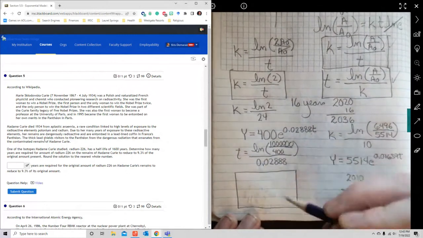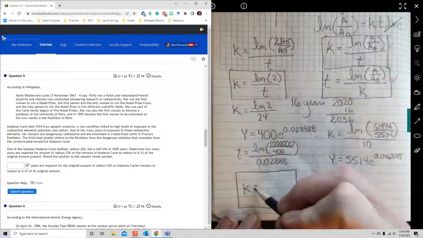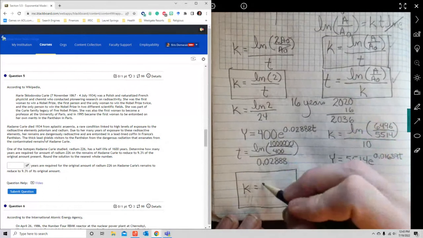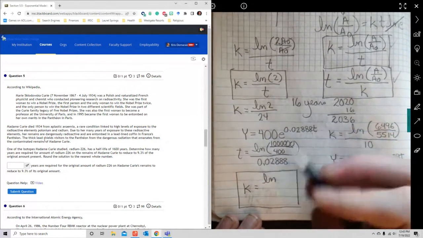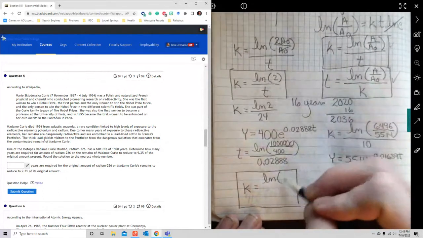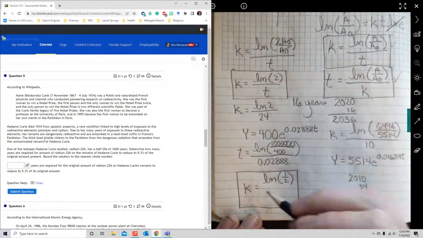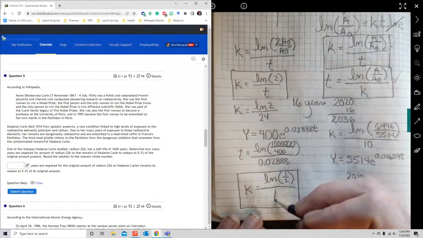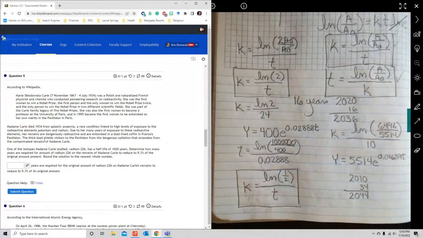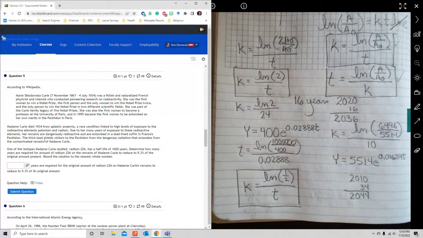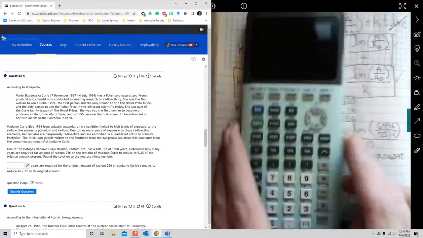Whenever I see half-life, and I'm trying to keep these on one singular page so you can appreciate all of them together, I want to come up with K at half-life. I'm just going to follow what I have here, and instead of 2, I'm going to put 1/2 divided by time. That's a half-life, and it gives you the half-life number of years. So you're just going to take ln of 1/2 divided by 1,600, and we're done.